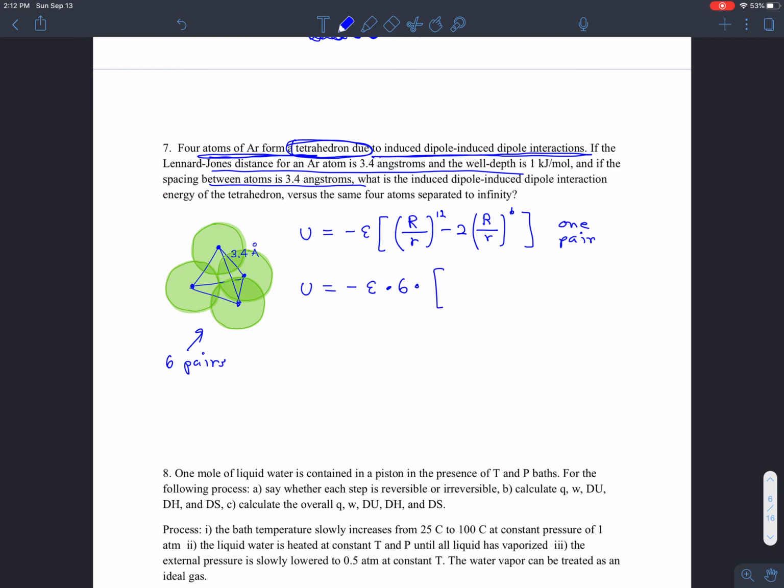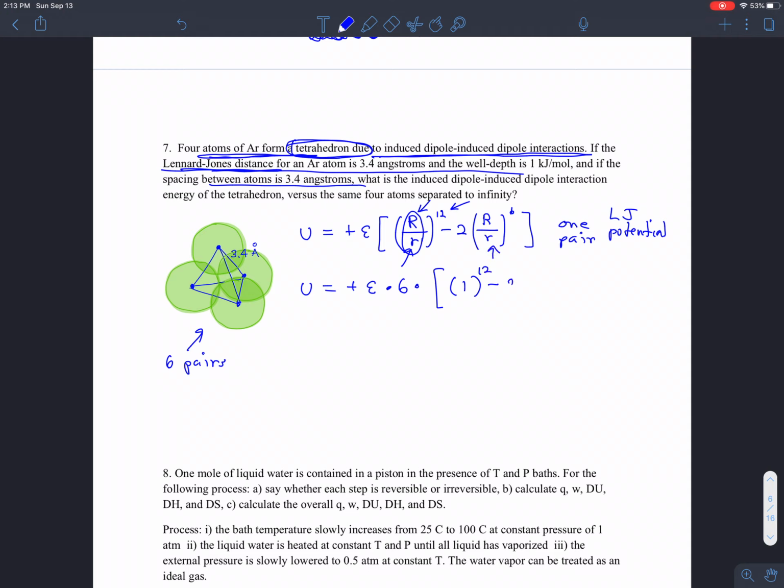We're also saying that the distance between all the atoms, this r, is the same as the Lennard-Jones distance. This is the Lennard-Jones potential. The Lennard-Jones distance is the big R, so that means that this big R over little r is just a 1, and that's raised to the 12th power, but it's still a 1, so it's minus epsilon times 1, actually this should be a plus here, to the 12th.